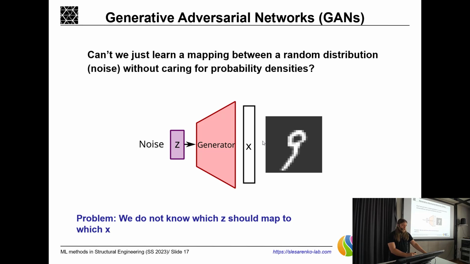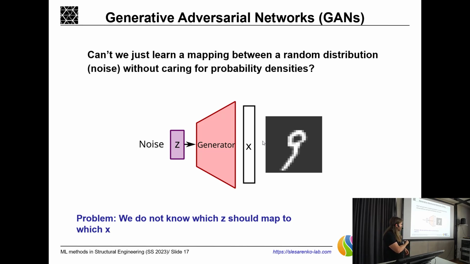The thing is, can we maybe learn something similar without caring for those explicit probability densities and this parameterization stuff, by just using some neural network layers? If we look at the generator from before, we can say we have some random distribution. If we restricted the latent space successfully in the variational autoencoder, we can call that just noise.